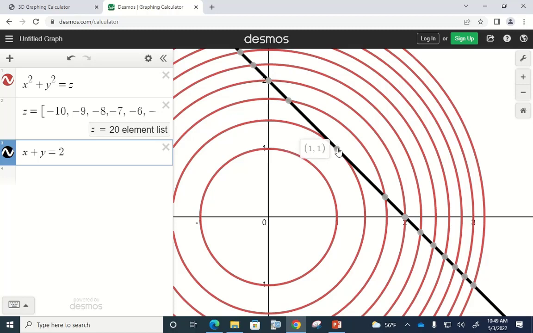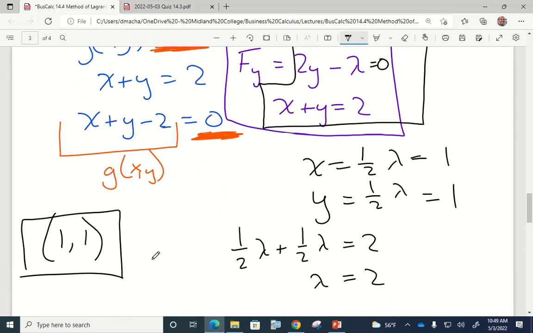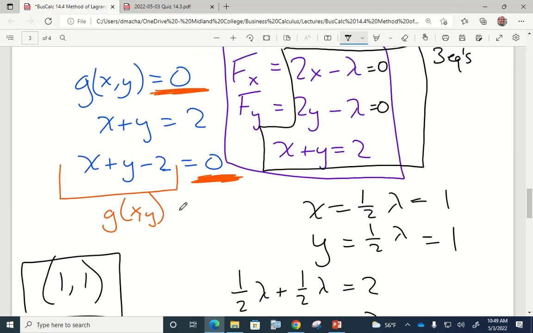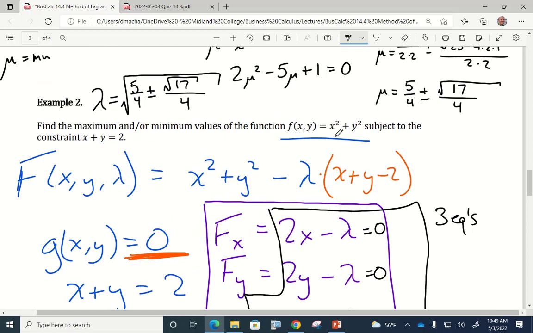So I probably should have started off with that example. That example was a lot faster and easier to see how we found that minimum value of my multivariable function with respect to a constraint, because that time my multivariable function was that bowl-shaped paraboloid, and my constraint was just the equation for a line.